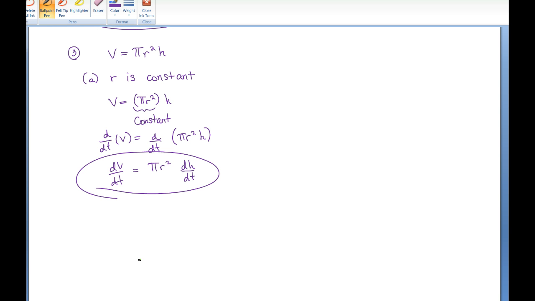And then, okay, so now for part B, you want to do the same thing, but now h is constant. So if it helps you, rearrange some things. Make it pi h times r squared. Right. Now, pi times h is going to be some coefficient. So what would be the derivative now?